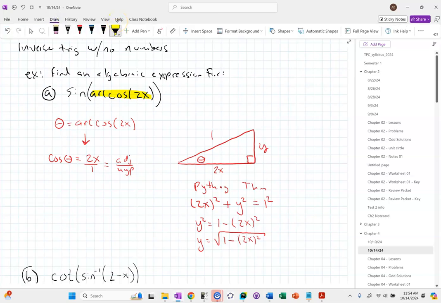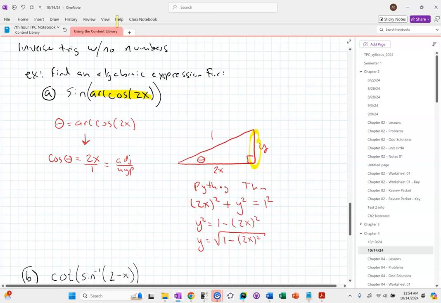What is y representing again? A side length in a triangle? Can I have negative side length on a triangle? No, Mr. Kulik, you cannot. That's why I'm able to dump the plus or minus and just keep the plus.